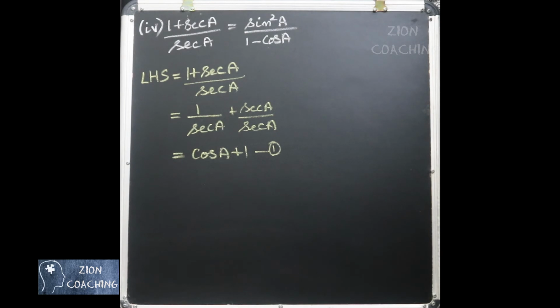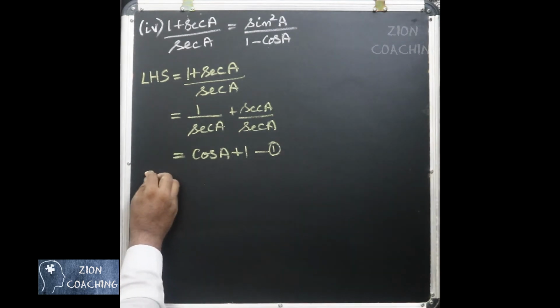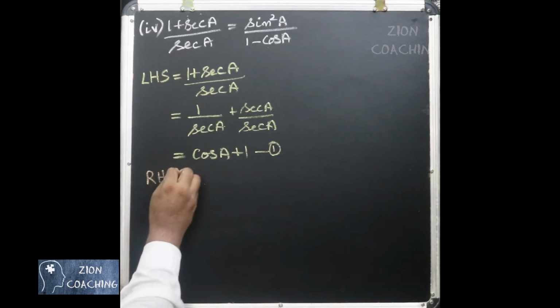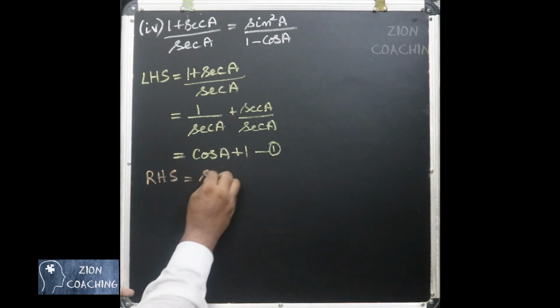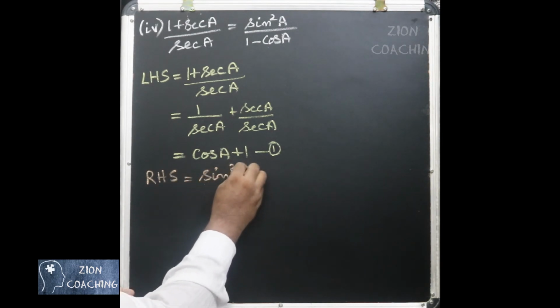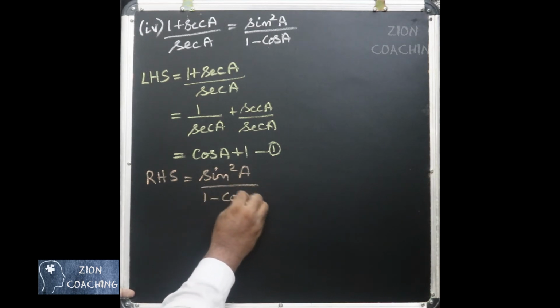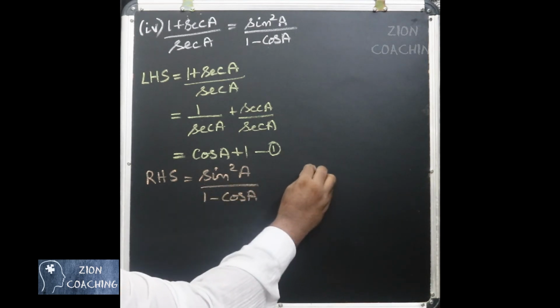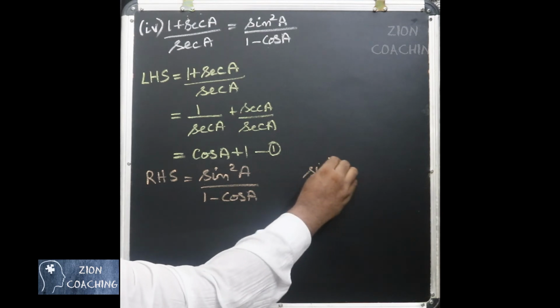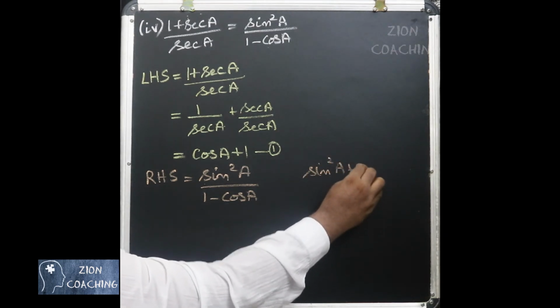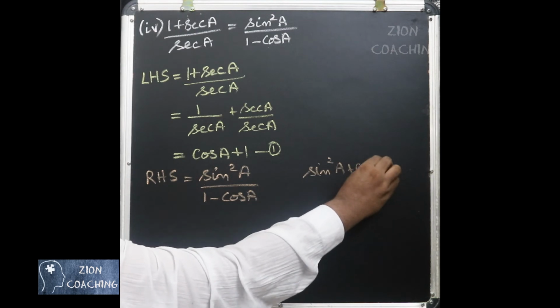Now your right hand side, you have sin squared A by 1 minus cos A. You know that sin squared A plus cos squared A equals 1.